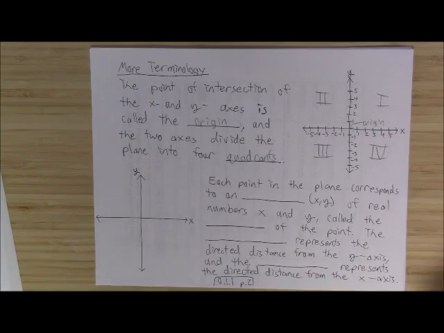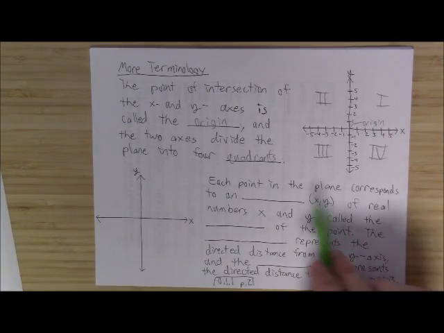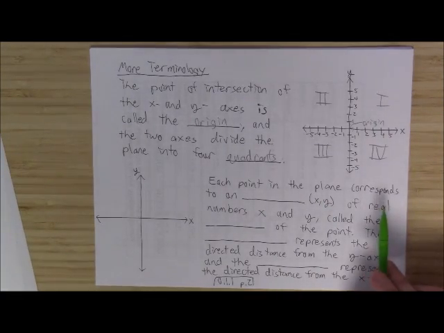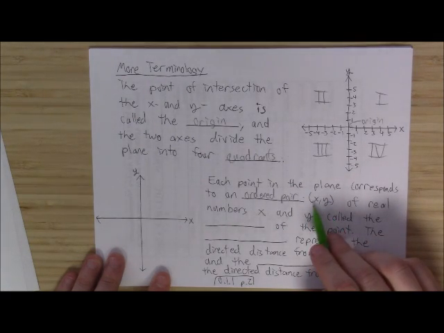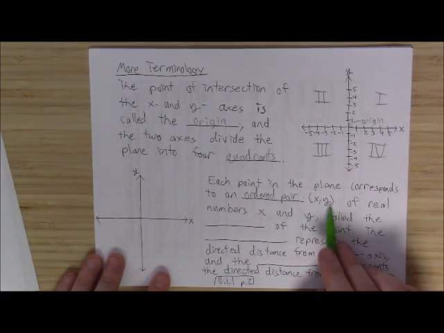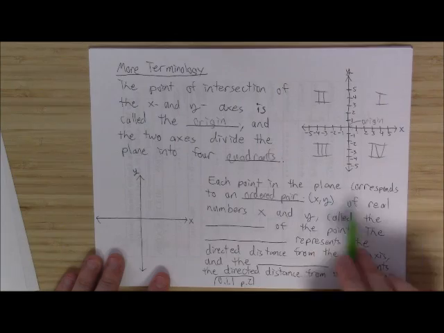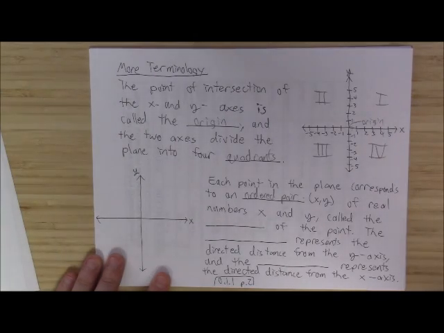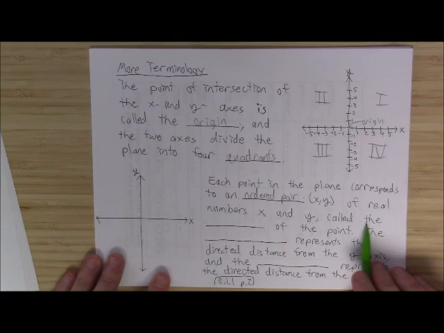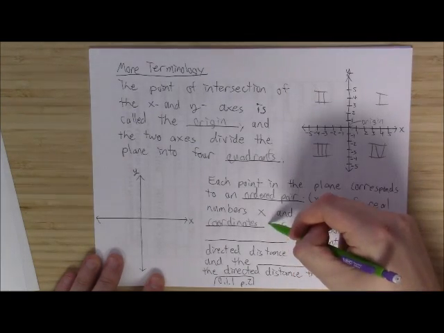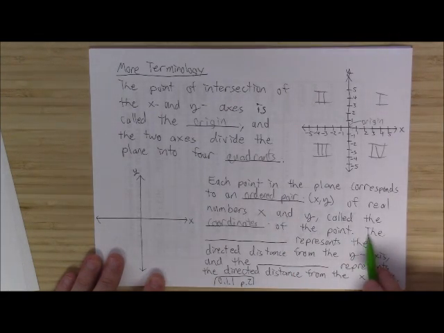Now, furthermore, each point in the plane corresponds to an ordered pair x, y. So an ordered pair is nothing more than just two real numbers written in this way. And here, these are called the coordinates of the point.